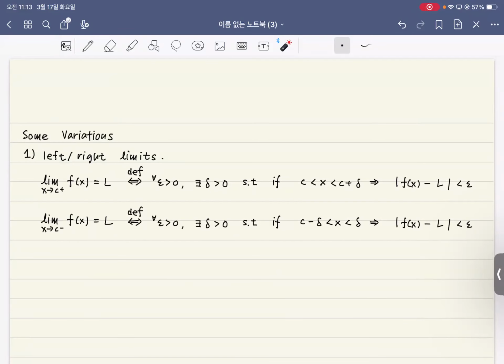But in this case, we are not talking about the full delta neighborhood. We are only interested in the right delta neighborhood of c. And likewise, for this definition, we are only interested in the behavior of the function when x is in the left delta neighborhood of c.